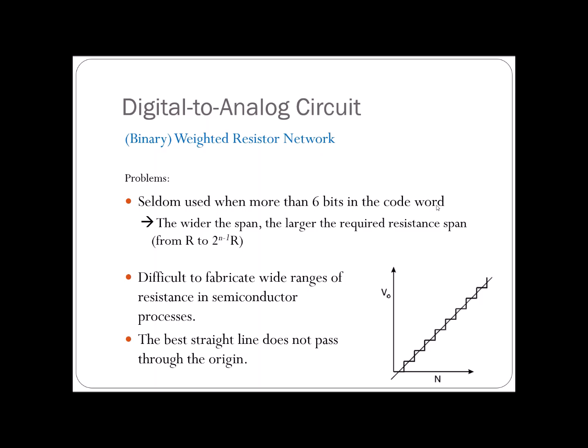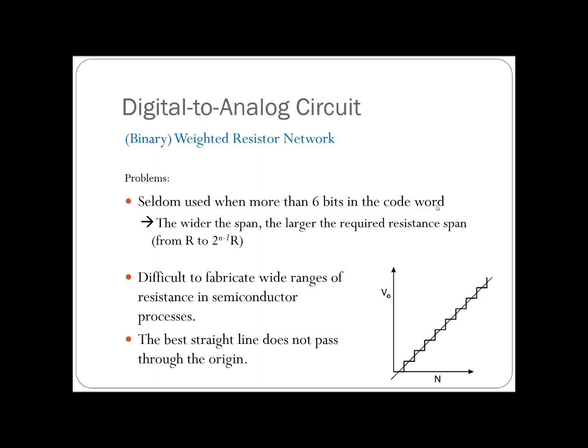I guess the reason is related to the second disadvantage, because it's difficult to find a wide range of resistances in the resistor. Imagine in the previous case, if we have a 4-bit case, you need 4 different types of resistors.